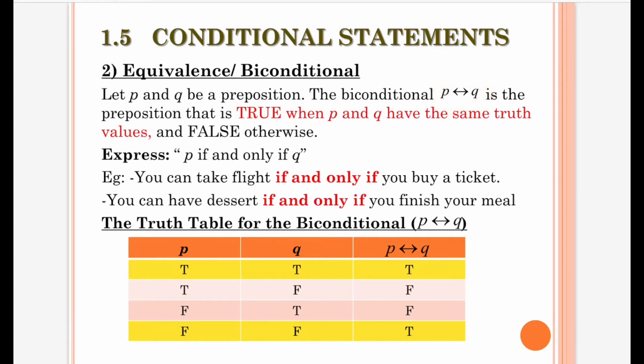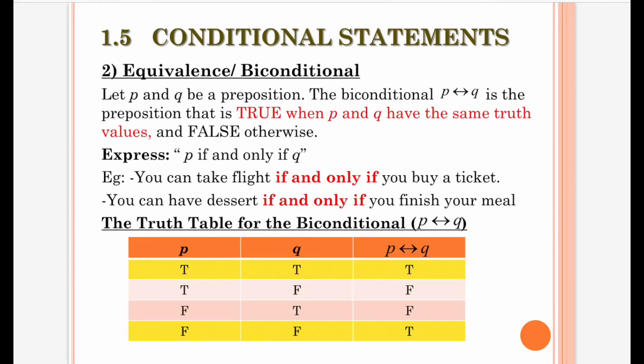If and only if. Now look at the example. You can take flight if and only if you buy a ticket. And then you can have dessert if and only if you finish your meal.